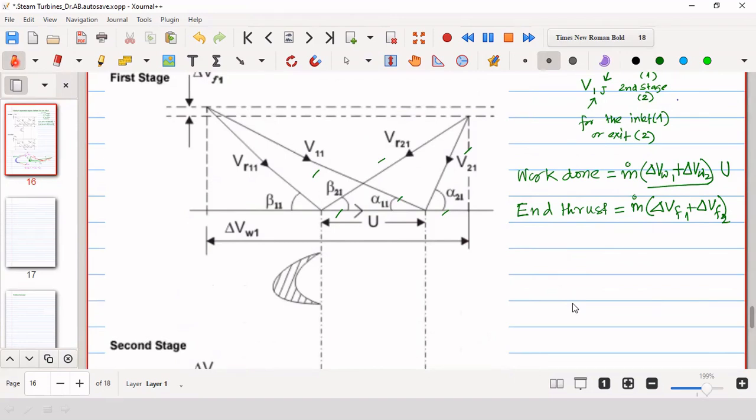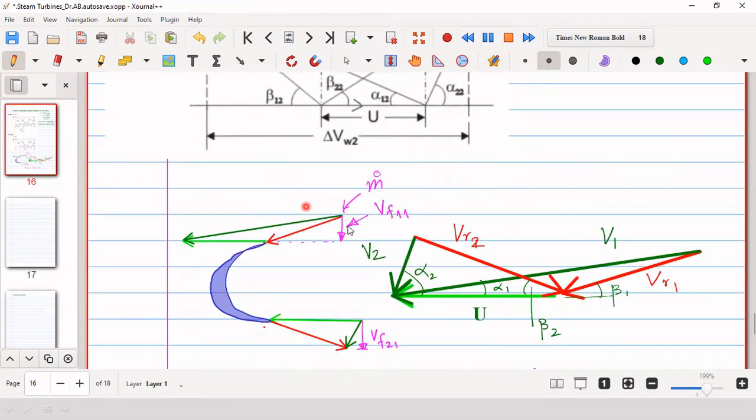Now another thing is that for the end thrust. End thrust means basically axial thrust. So when the steam is coming, it is coming with m dot Vf1. I was telling that end thrust basically means what? When the fluid is moving, that is actually giving a force in the axial direction due to its motion in the axial direction.